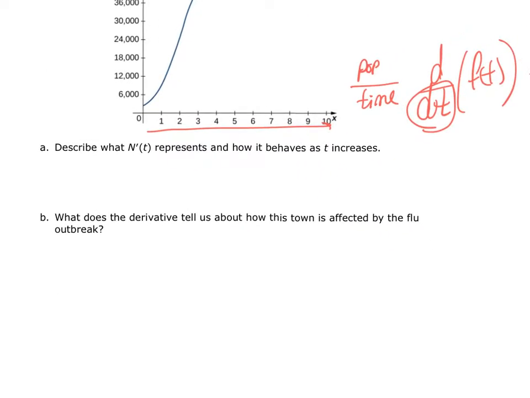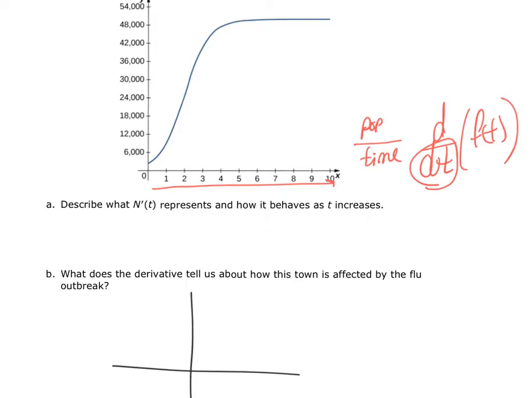And then, if we take a look at that, what is it telling us about the flu? Well, let's do a graph of this thing. In this region, what are my slopes like? They're pretty small, but not 0. I'm going to be above the x-axis, but they're going to be pretty small, so let's put them right about here. And then what happens here?